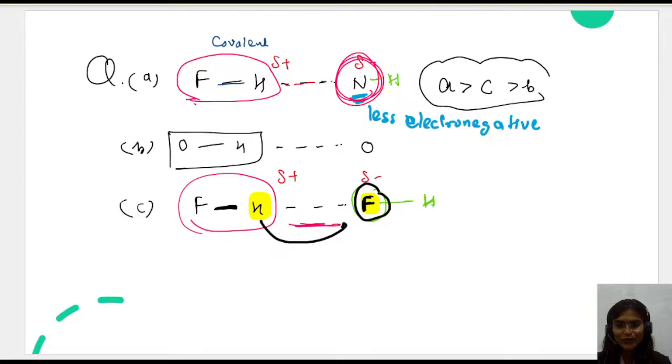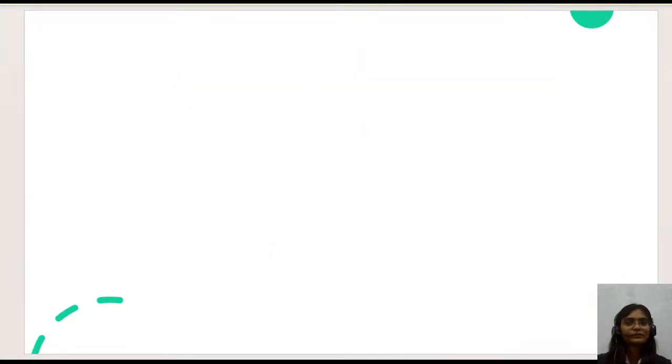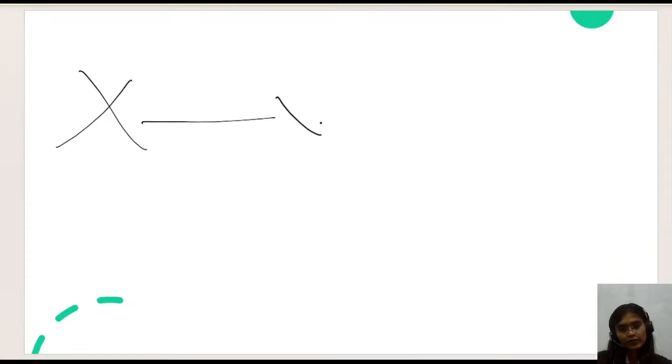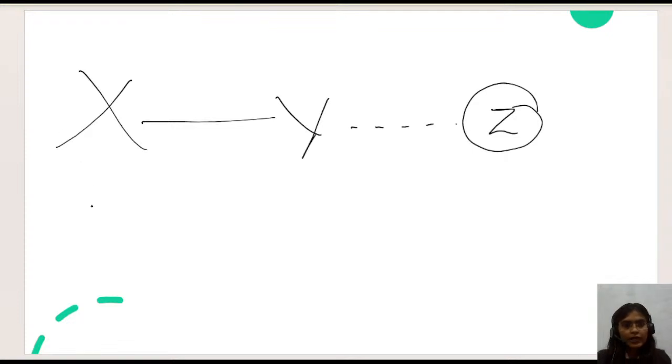Let's say this is some X, this is some Y, and this is some Z. The dotted part is the hydrogen bonding.